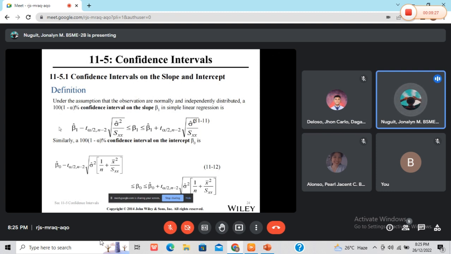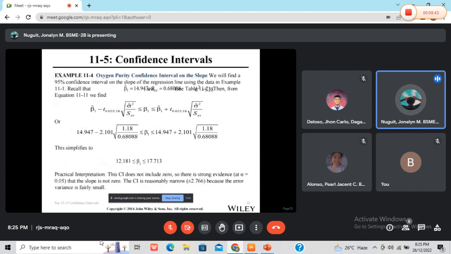Similarly, a 100(1 minus alpha) percent confidence interval on the intercept beta sub 0 is, kasi again, sa screen.